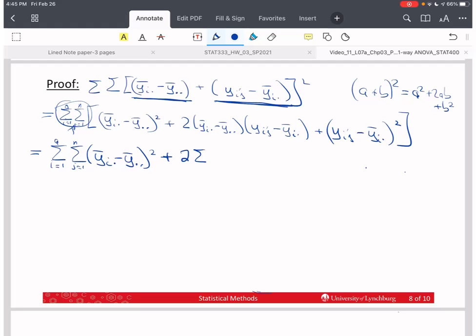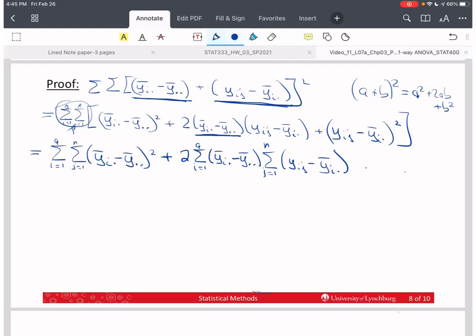And I've got a double sum, and again, there's no j here, so I can just move this sum I equals 1 to a. So I can put this as yi dot bar minus y dot bar, sum j equals 1 to n. I have to leave yij inside that summation because there's a j.